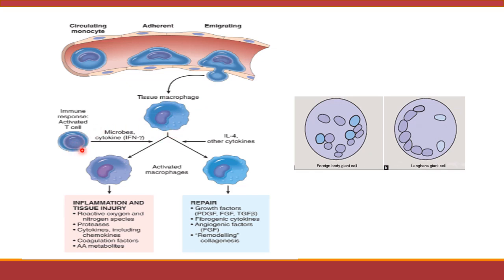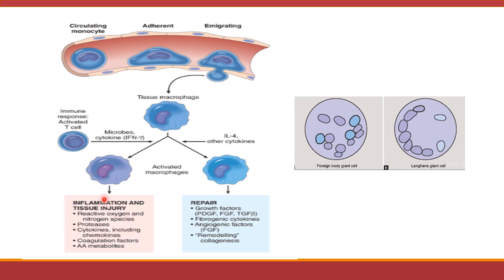Some T cells present in the area of inflammation will secrete stimulatory cytokines like interferon gamma that will stimulate the macrophages. Also, other cytokines that are present in the area of the inflammation will stimulate the macrophages. So activated macrophages will do two main functions.